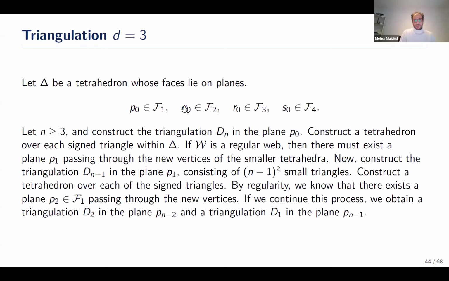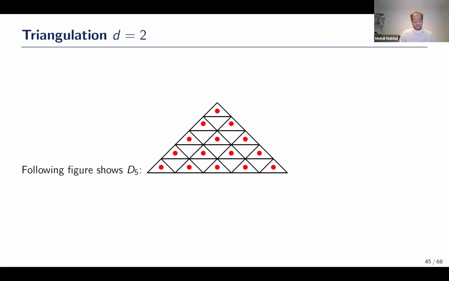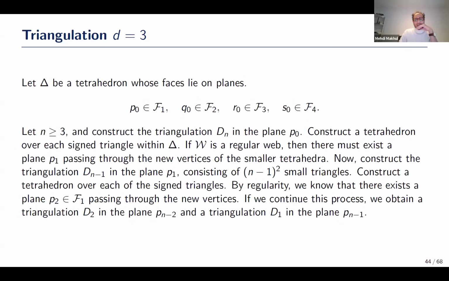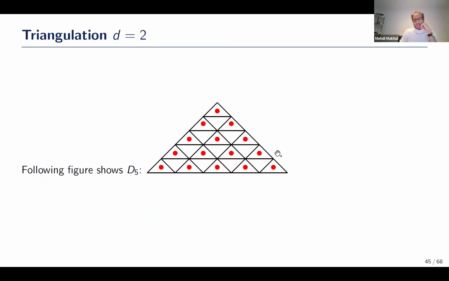And I call P0, Q0, R0, S0 the faces of this tetrahedron. Now, I consider P0 as the base of this tetrahedron. And for each n, I describe Dn inside of P0. So for example, this is D5 inside of the base of that tetrahedron.